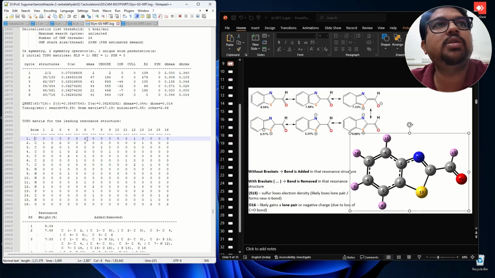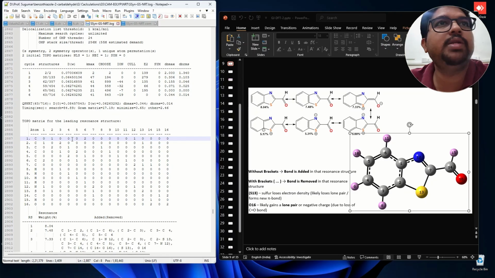Atom number 1 is connected to atom number 6 with a double bond, so 1 and 6 is a double bond over here. Like that it goes, and you will be able to form this structure based on the data here.